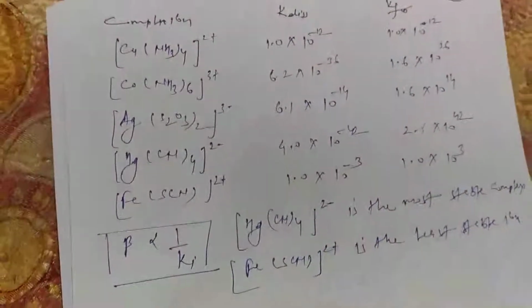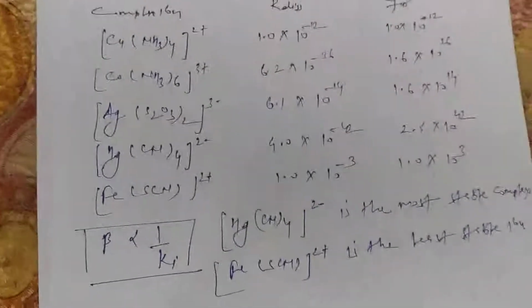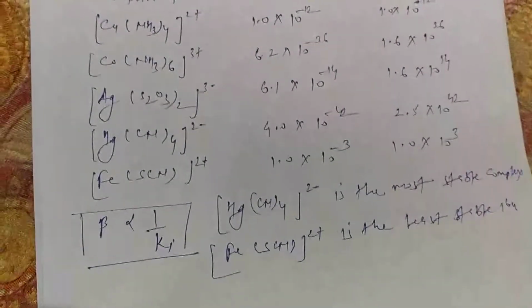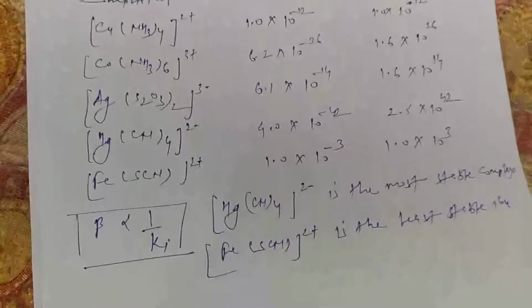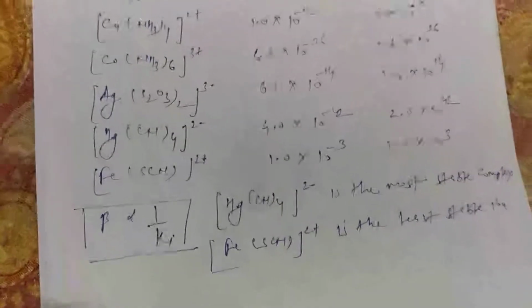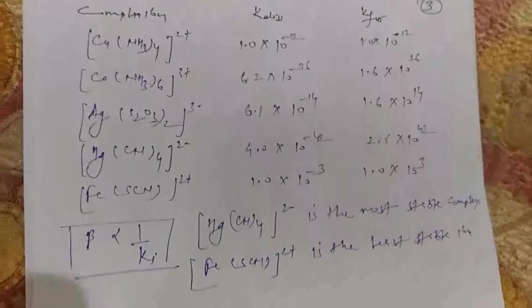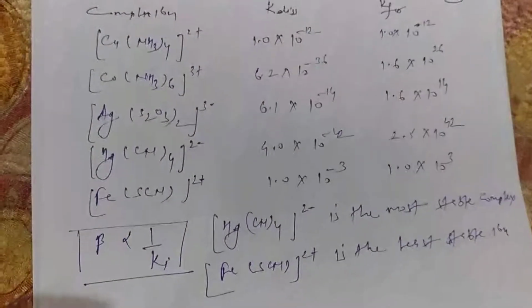This is how you can predict the stability of a complex on the basis of the formation and dissociation constant. So this is the introductory lecture of the second unit of the syllabus. I hope you enjoyed this. Thank you so much for watching.